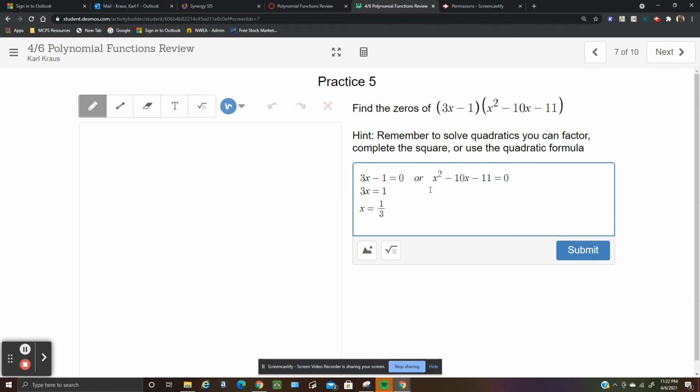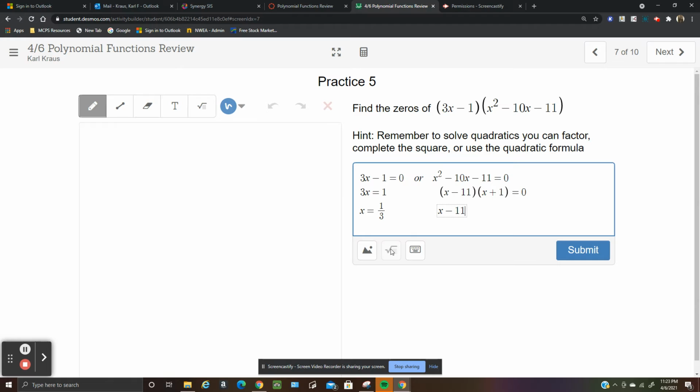Over here, you want to factor this. So the factors of negative 11 that give you negative 10: x minus 11 and x plus 1. And then equate each factor to 0.